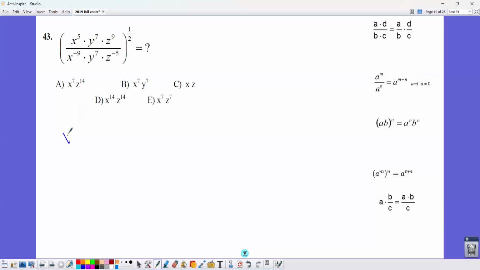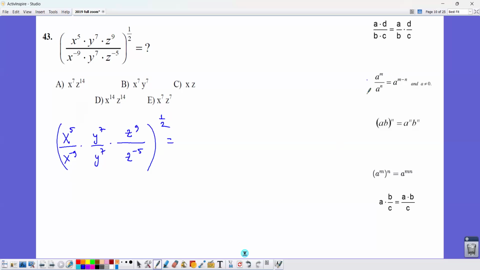I can write them as x to the power of 5 over x to the power of minus 9 times y to the power of 7 over y to the power of 7 times z to the power of 9 over z to the power of minus 5. All of them to the power of 1 over 2.